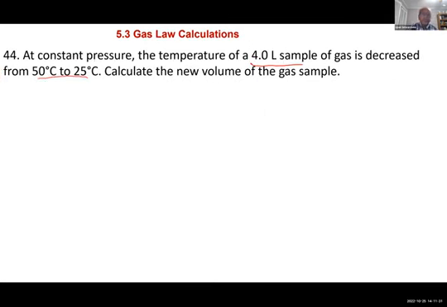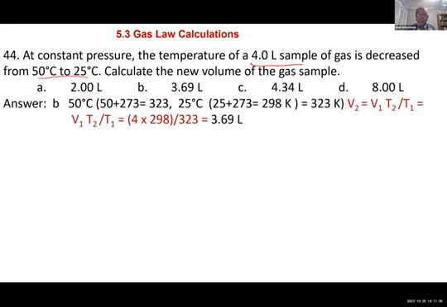This one is 50 to 25. It's the same problem. The only thing is that the temperatures are on the bottom, and here in the last problem, this was kind of on the top, 323. Same calculation. This is a Charles law calculation.